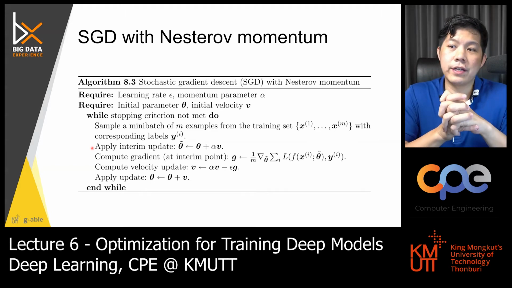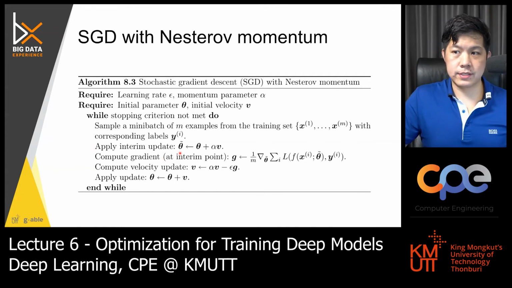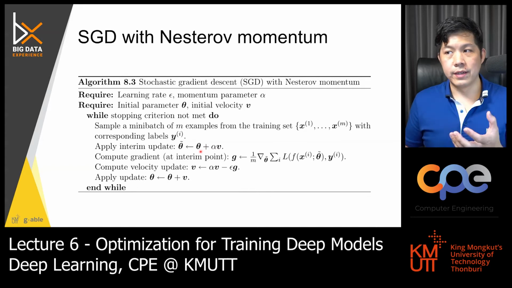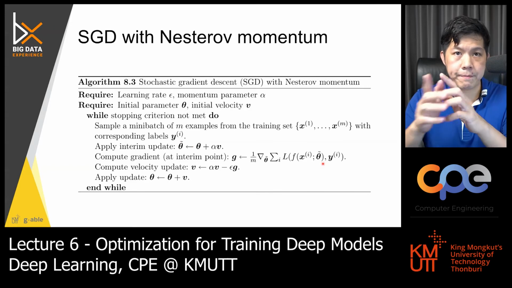So what we have here is to first calculate the interim parameters. Doing the interim update, you have theta plus alpha times the velocity first. Once we are at this point, we can calculate the gradient of that point.